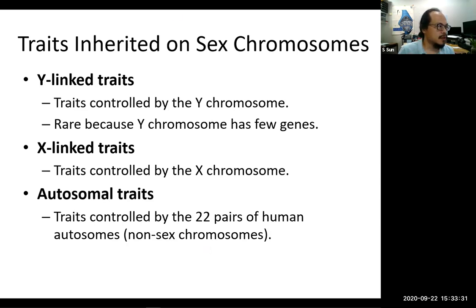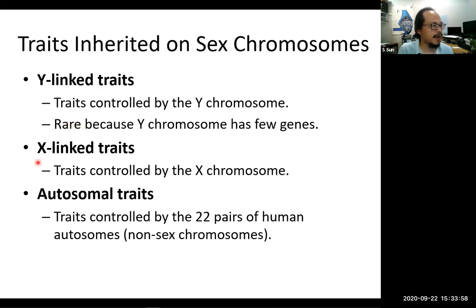So traits inherited on a sex chromosome include the Y-linked traits. These come from the Y, so this is all about males. But this number is rare because the Y chromosome has fewer genes, so the traits linked to Y are rare.